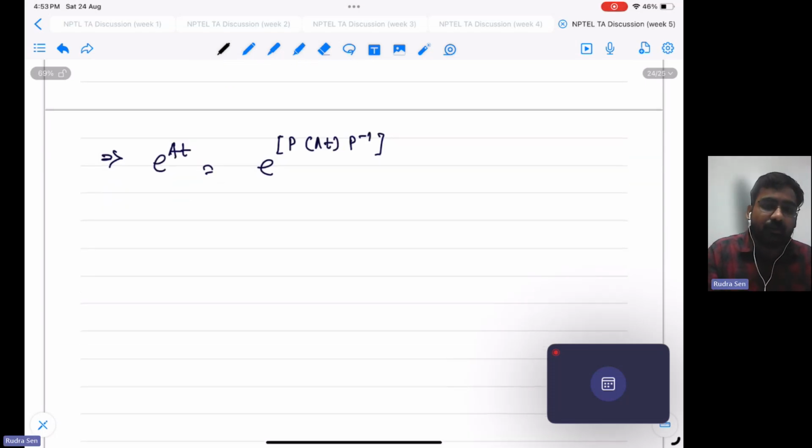Now you just split it in a series format.